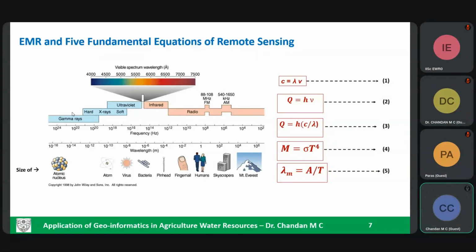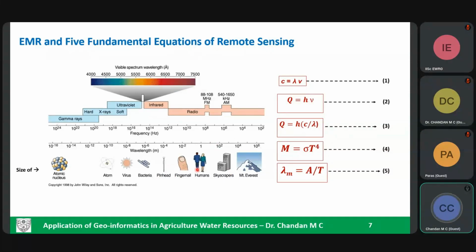Starting from the gamma rays, then you have the X-rays, ultraviolet rays. Then you have the key region, which is also known as the visible range of the spectrum. The visible range starts from 0.4 micrometers and ends at 0.7 micrometers. 0.4 to 0.5 is blue, 0.5 to 0.6 is green, and 0.6 to 0.7 is red.